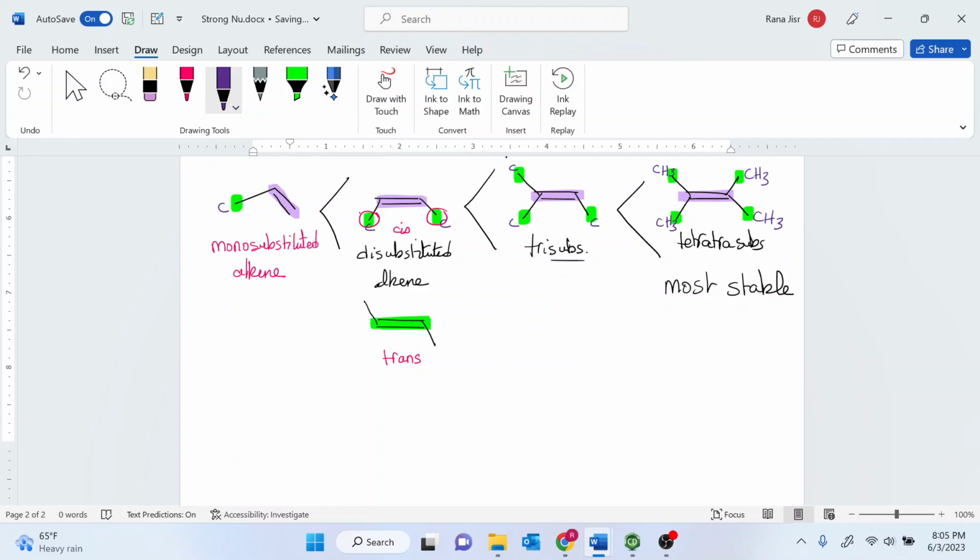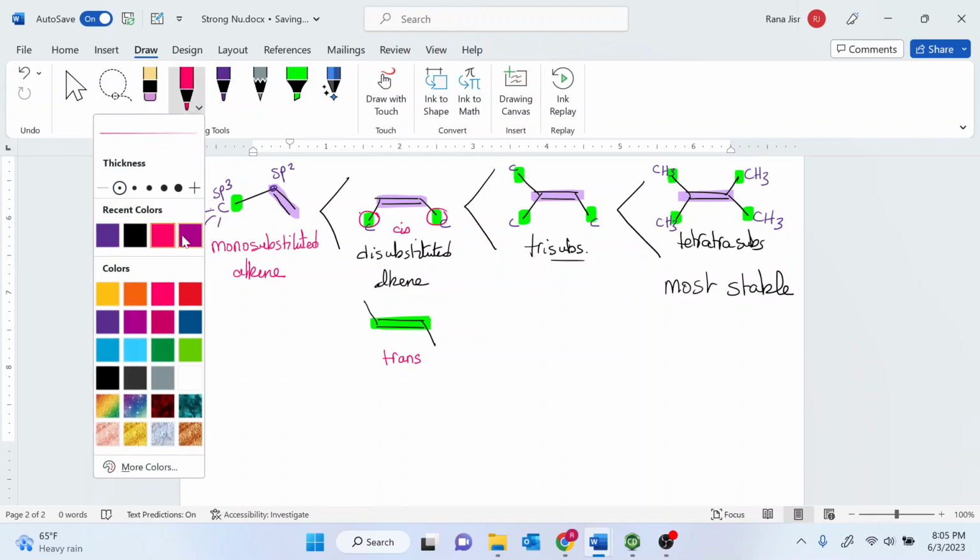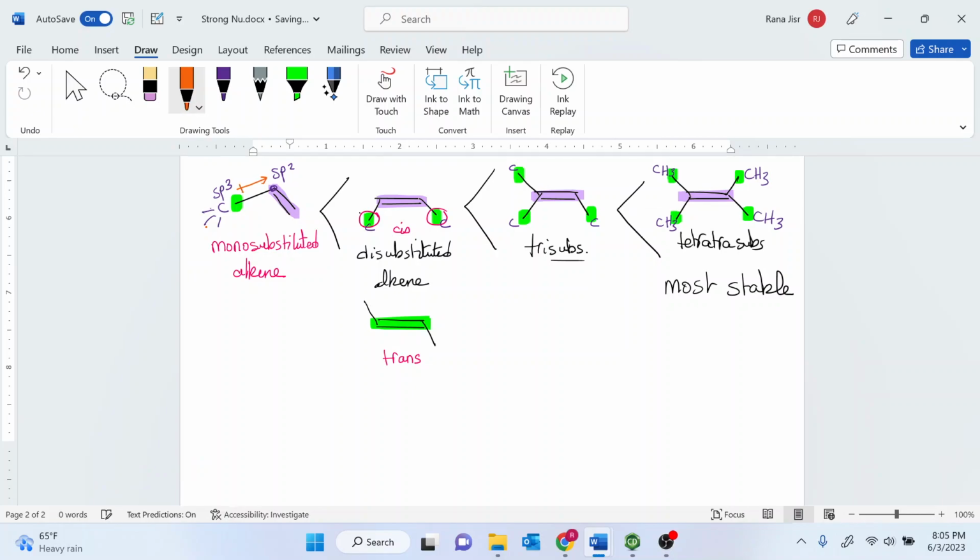versus 1 carbon. Now, each of these carbons is sp3 hybridized and connected to an sp2 hybridized carbon. And we know that the sp2 hybridization is more electronegative than the sp3. So the sp2 is going to pull electrons away from the sp3, making the sp3 an electron donating group. That electron donation is through the inductive effect.